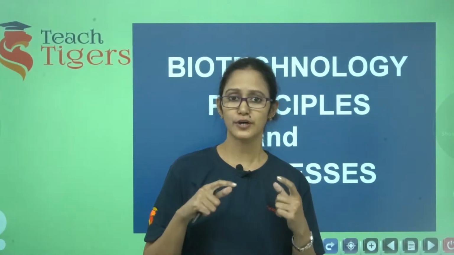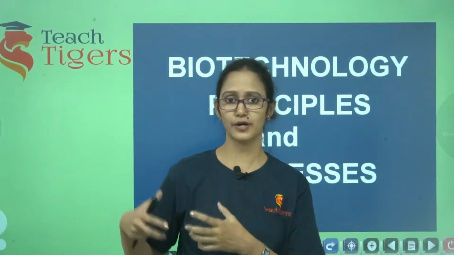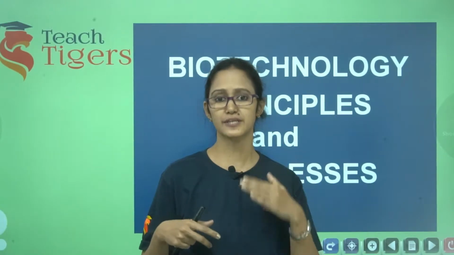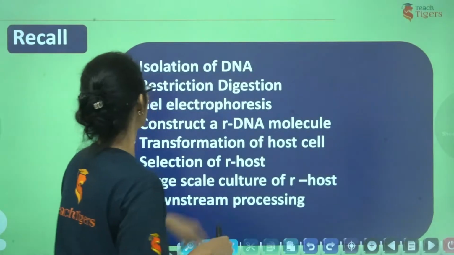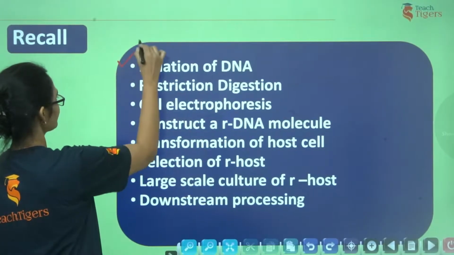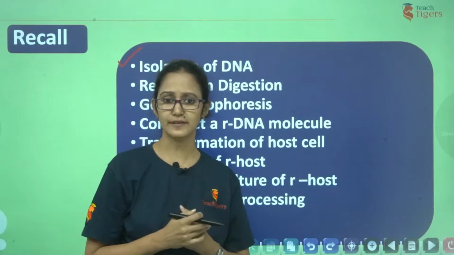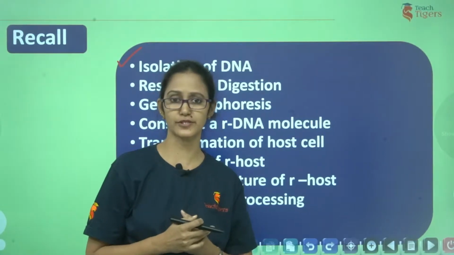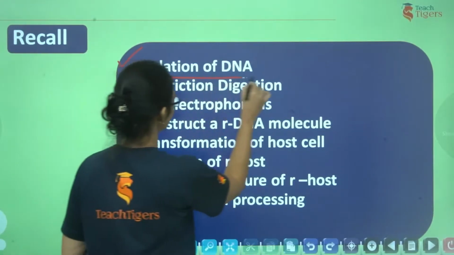So, in order to produce a product on a large scale and get the product, we have so many steps. So, the very first step is isolation of the DNA. Here it's a multi-step process actually. In this multi-step process, the first thing that we have to do is isolate the DNA.